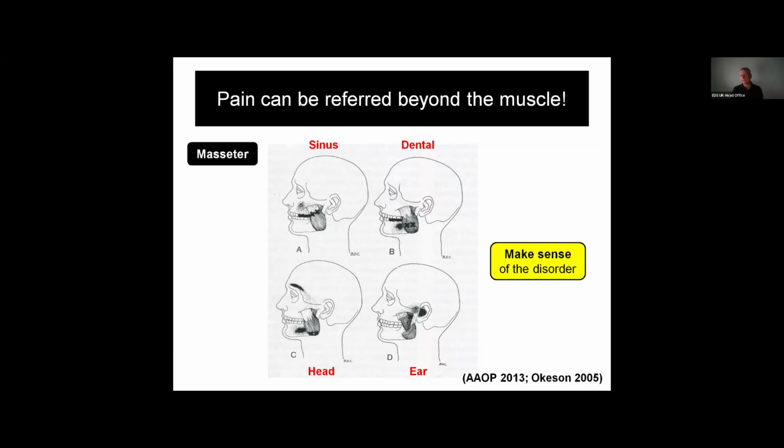most people that I see don't necessarily have inflammation. It's more sensitization and overactivity. So you get this vicious cycle of too much activity, sensitive joints and sensitive muscles, and that's really what we're trying to break, that cycle.